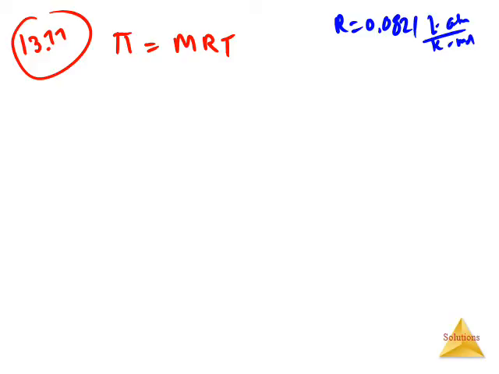T has to be in degrees Kelvin, and we know it's 25 degrees centigrade. So we need to add 273.1 or just 273. So that gives 298 Kelvin. So we need these two numbers.